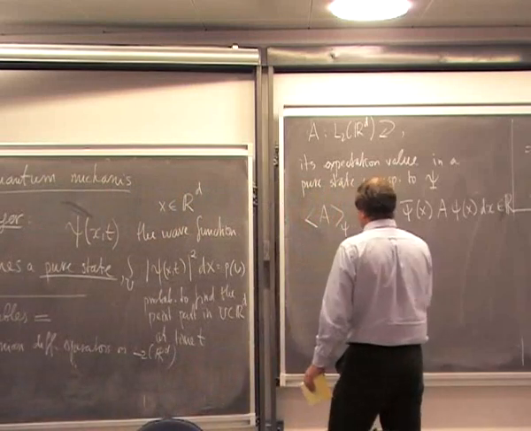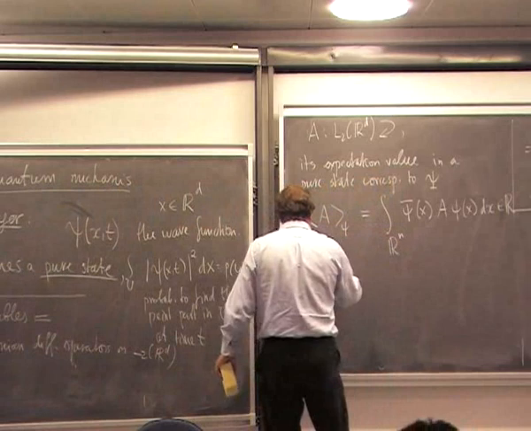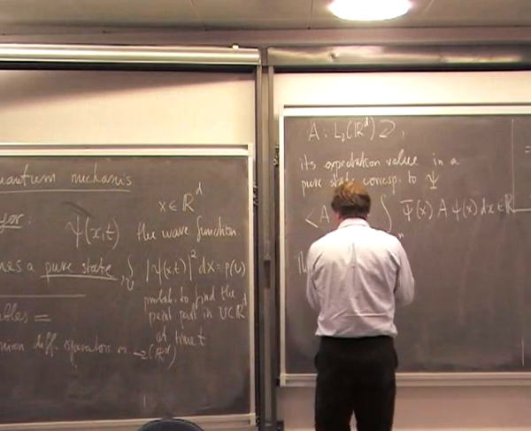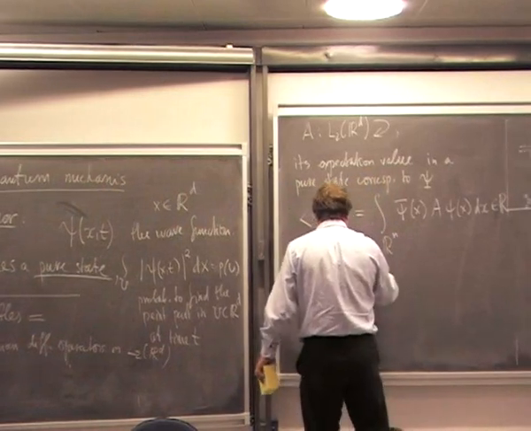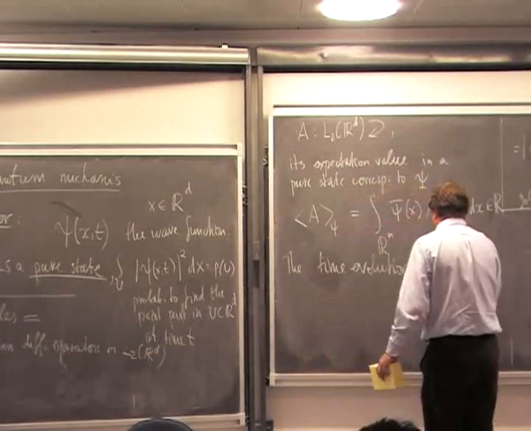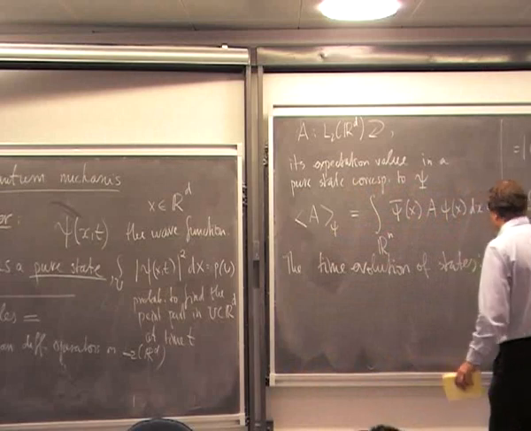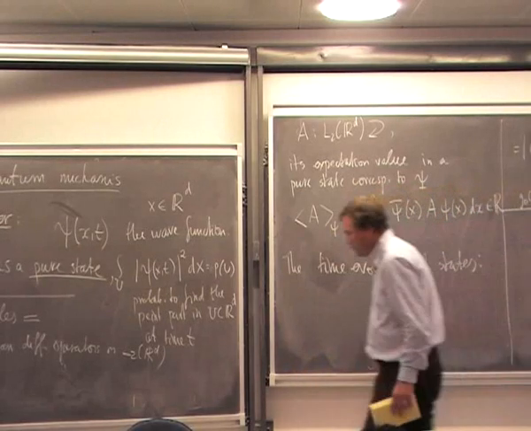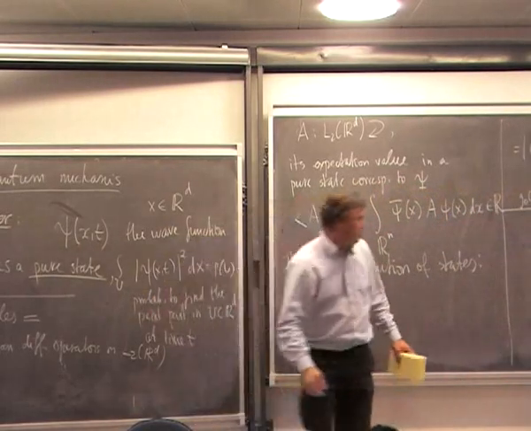So the evolution of states, the time evolution of states, is given by the Schrödinger equation.